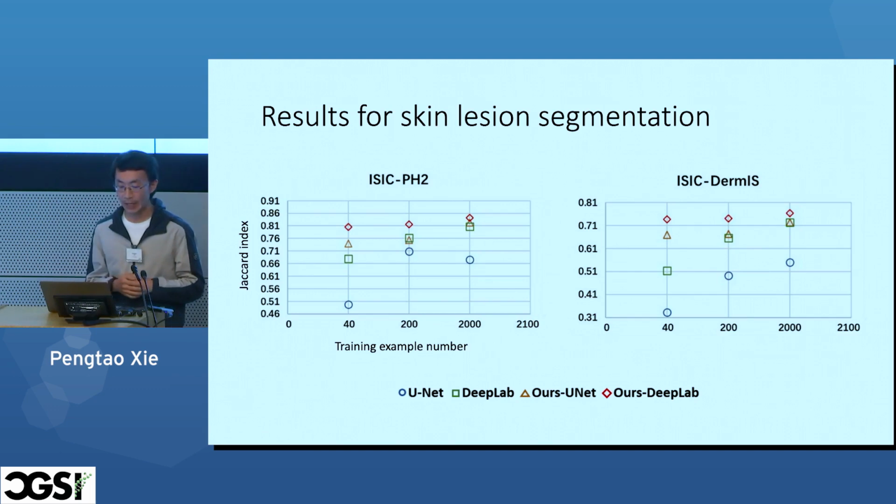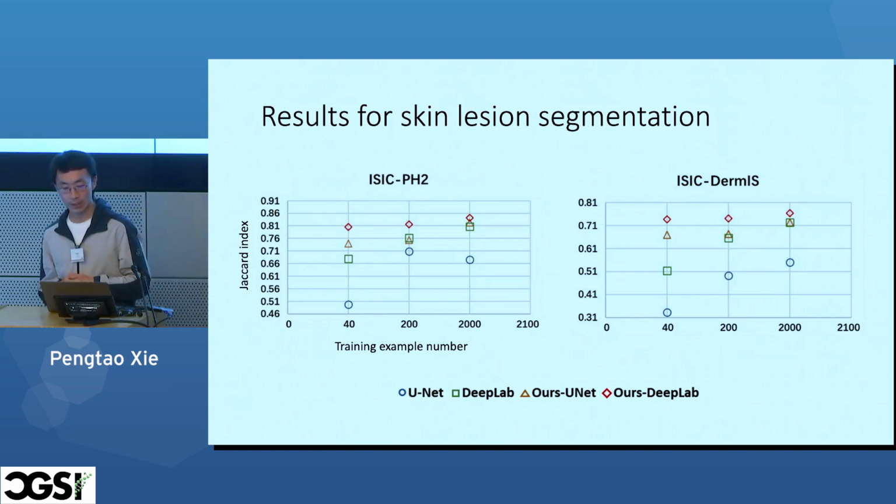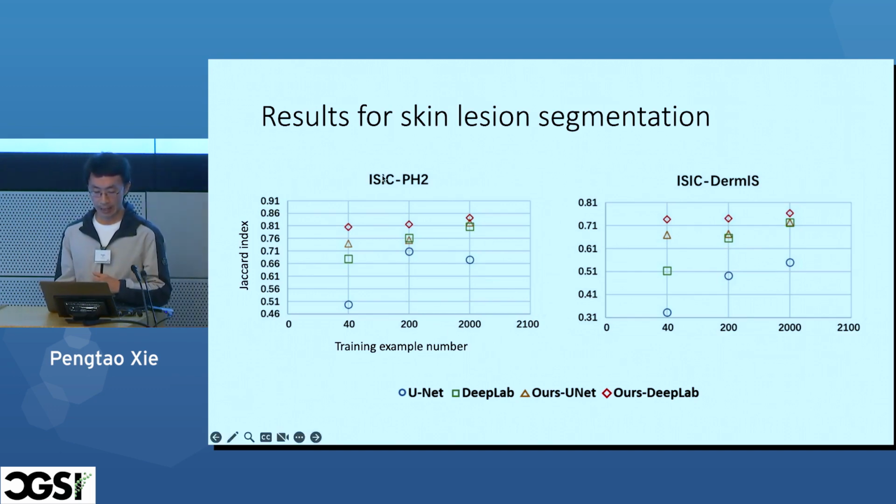Here is the evaluation on out-of-domain generalization. ISIC here is the training data and PH2 is the test data. They are from different distributions. Similarly, for this plot, the test data is DERM-IS, which is in a different distribution from ISIC. We can see that, similar to the previous figure, this diamond is our DeepLab and this blue box is the vanilla DeepLab.